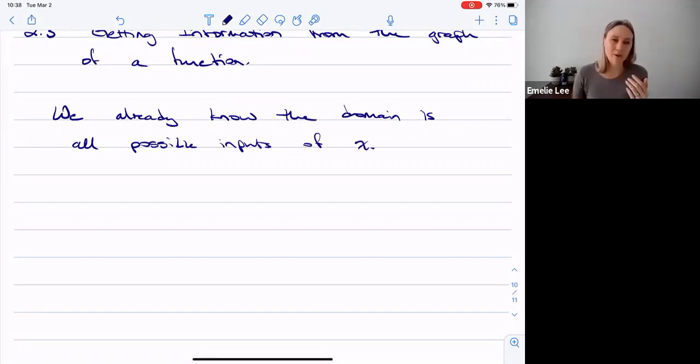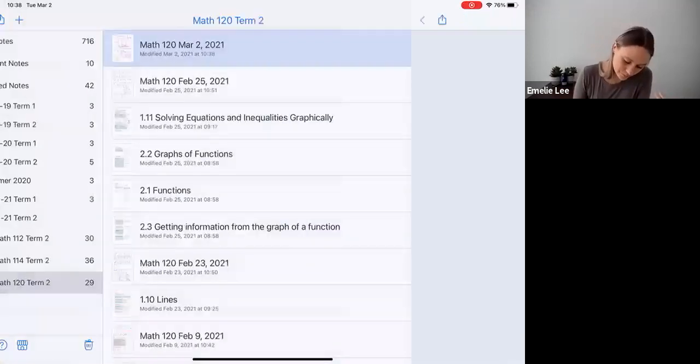Graphically, that means all the values of x that we can have in our graph. Now we're going to talk about the range, which has already come up in that previous problem, but let's just pretend that we're introducing it now because we are.